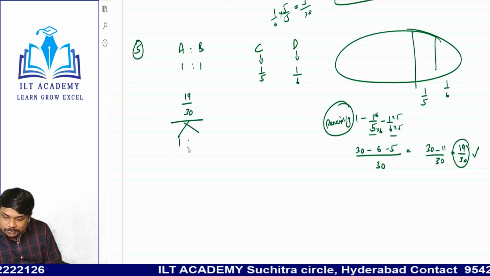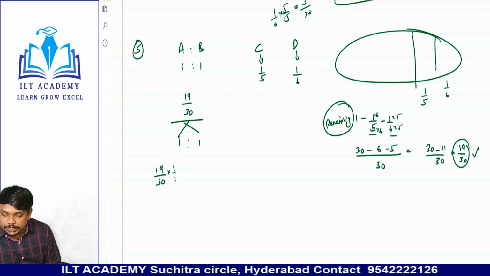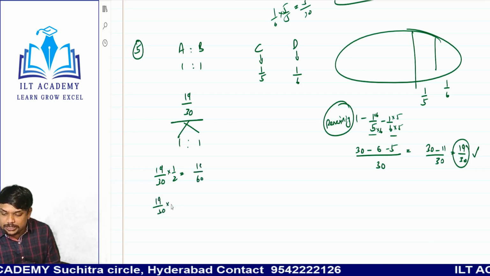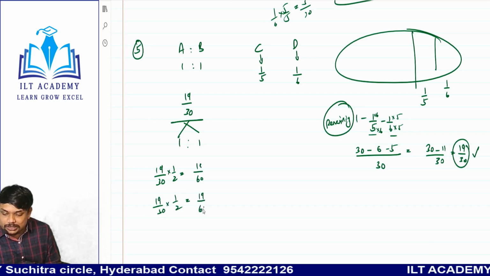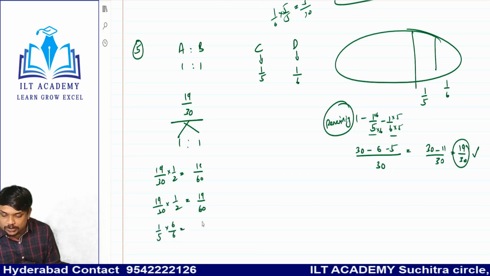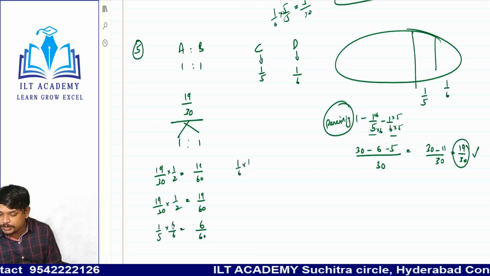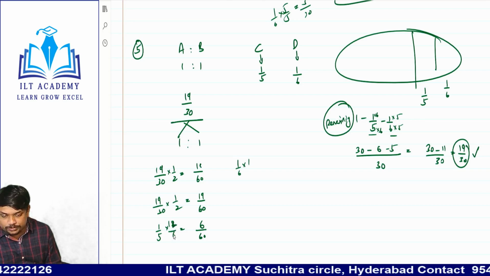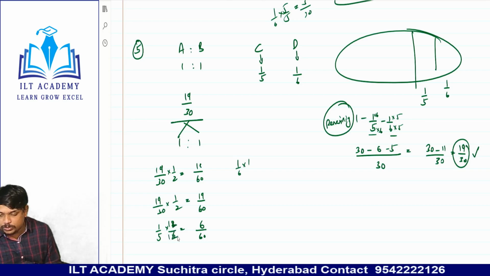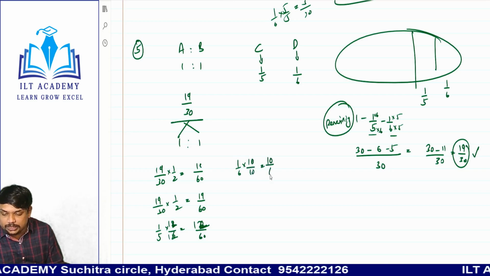The remaining 19/30 should be shared in what ratio? Put it in 1:1. So 19/30 into 1/2 is 19/60. How much is C's? 1/5 into 6/6, which is 12/60. And D's 1/6, which is 10/60.